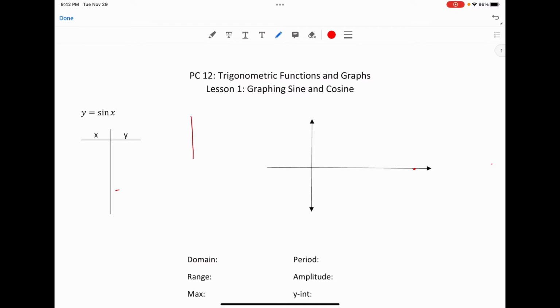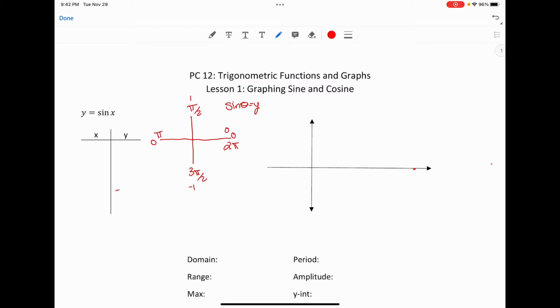If we remember from our trig 1 unit, we have our unit circle that happens with angles 0, pi over 2, pi, 3 pi over 2, and 2 pi to go all the way around. And if we remember, sine theta was equal to the y values. So the y values here would be 0, 1, 0, and -1, and then 0 again.